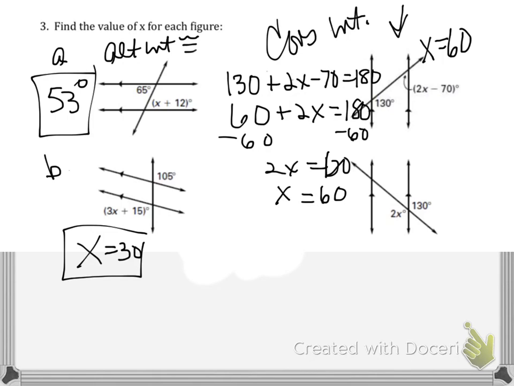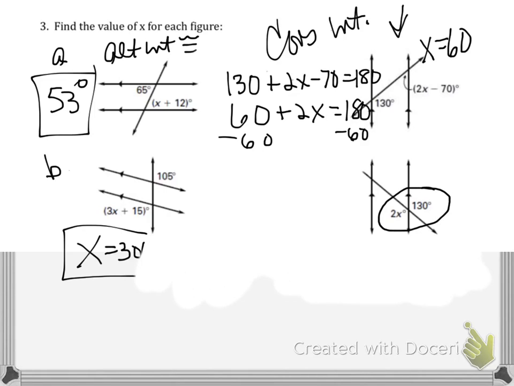So I'm going to erase a little bit of this so we can solve for the last problem right here. Let's move some of this out of the way, and then we should be ready to go. So look at this last problem, and it says I need to find x, of course, again, and this is our easiest problem so far because these are vertical angles.